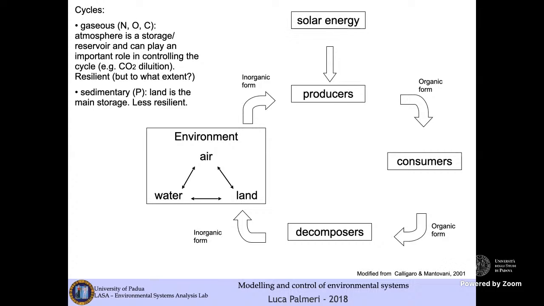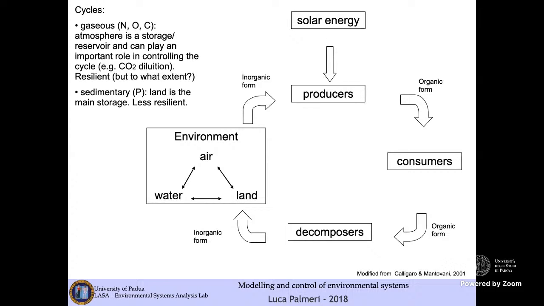So the possibility of having atmospheric storages plays a relevant role in the capability of ecosystems to be stable or resilient or resistant to perturbation. The question is to what extent an ecosystem is resilient or resistant to perturbation in the concentration of gases.